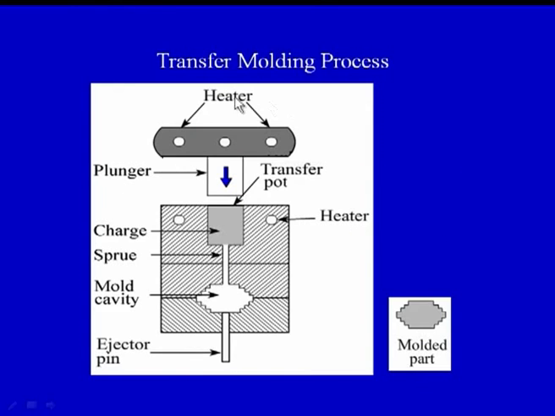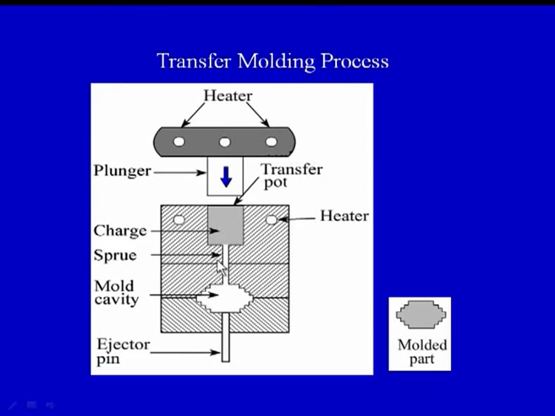Let us now try to understand the other details of the transfer molding process. We can look at a similar diagram on the screen. Here we have an additional element, the heating element. This is the plunger. This is the transfer pot, where we have the charge, the molten plastic or polymer charge.